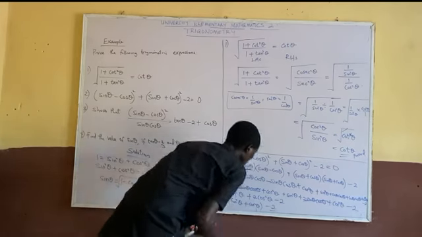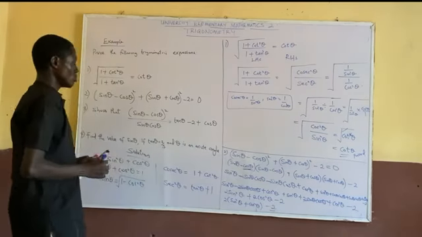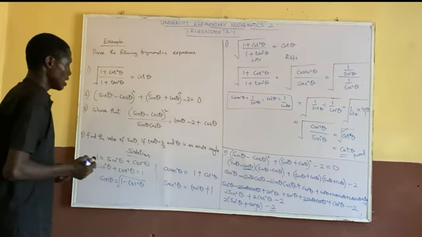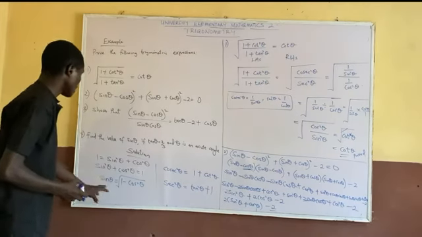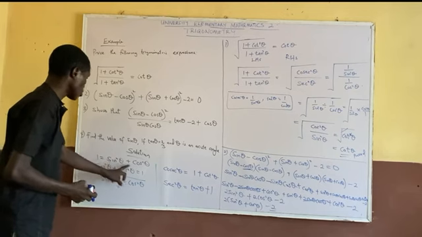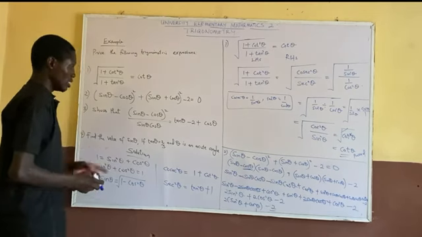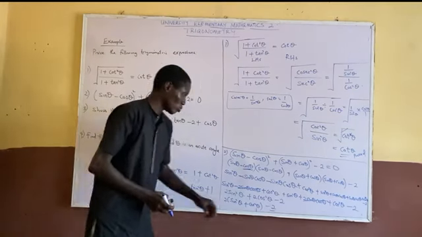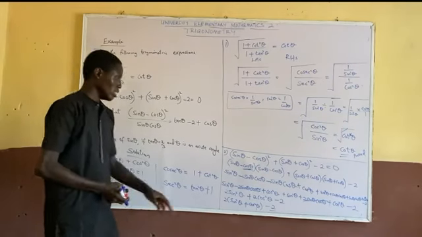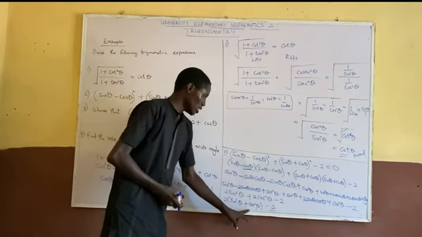Now lastly, the only thing that we're going to do is, we have said that sin square theta plus cos square theta is equal to 1. It means that everything in this bracket is equal to 1. Am I communicating? Sin square theta plus cos square theta is equal to 1.